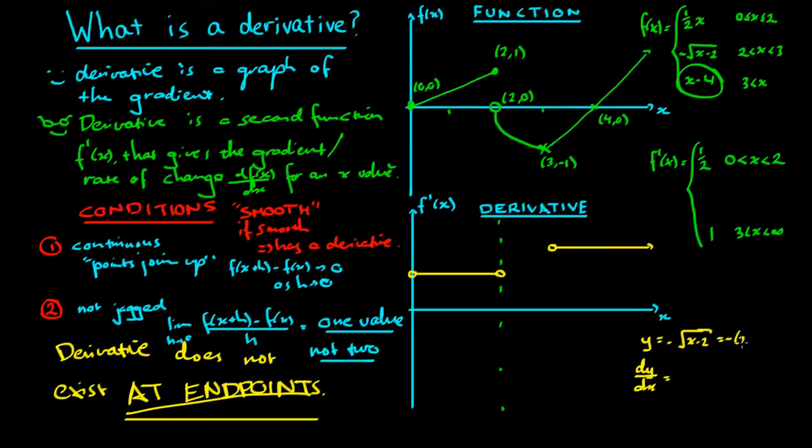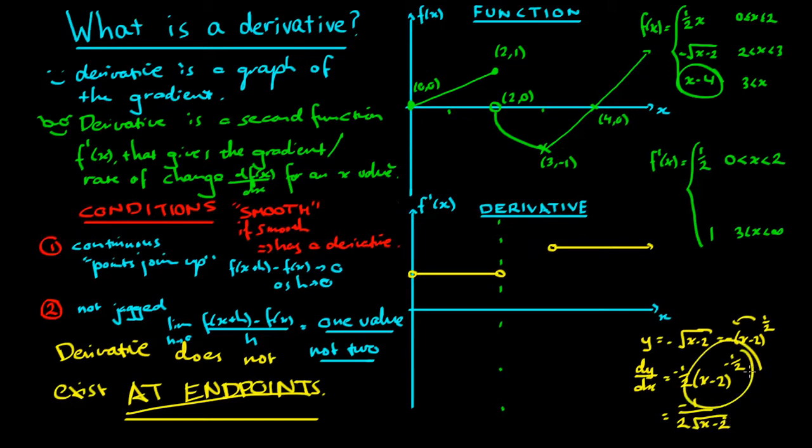That's negative (x take 2) to the power of 1 on 2. So dy dx, I multiply down the half, so it's negative 1 on 2. And then I take 1 off this power up here. So it's (x take 2) to the power of negative 1 on 2. So that's equal to negative 1 on 2 square root x take 2.